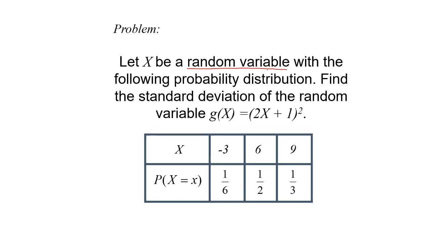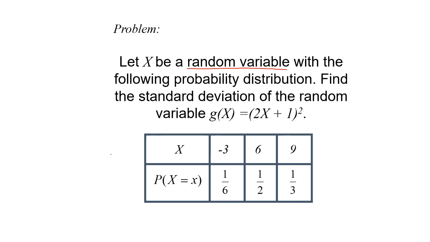We just have to use the general formula for getting the standard deviation. But in order for us to get the standard deviation, we need to solve for the variance. And before we can solve for the variance, we need to solve for the mean. So we solve first for the mean, then the variance, and then we can solve for the standard deviation.